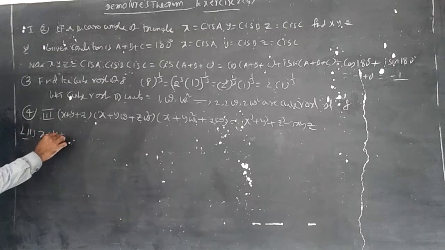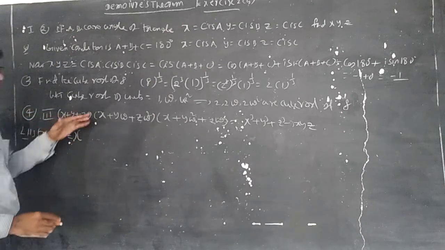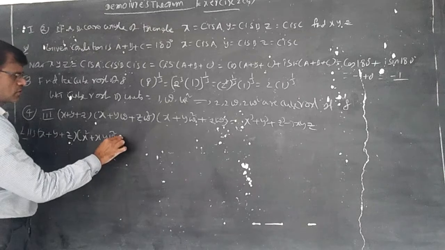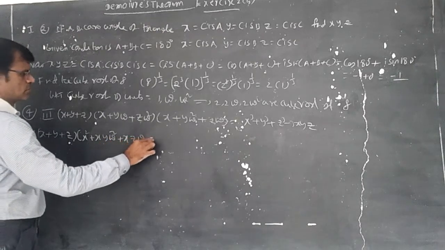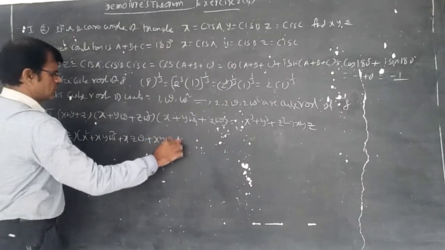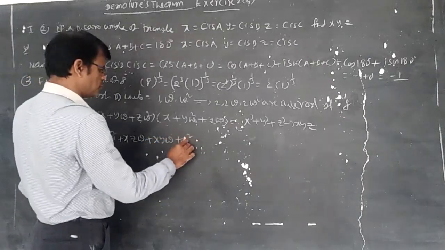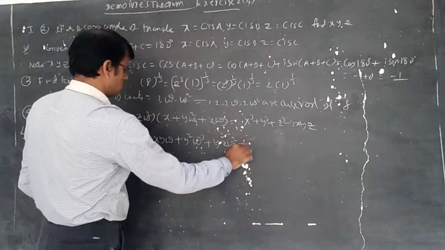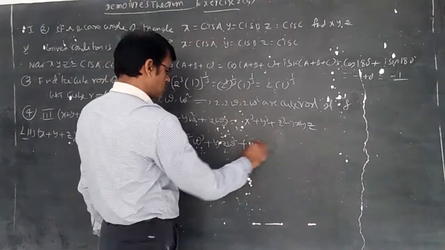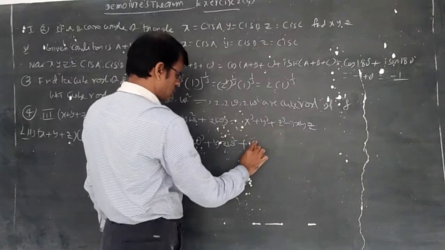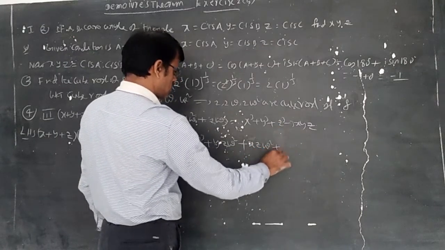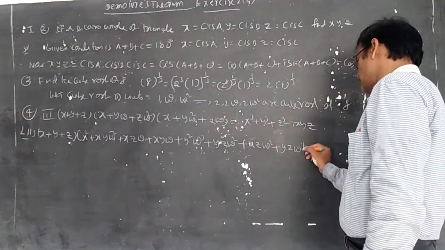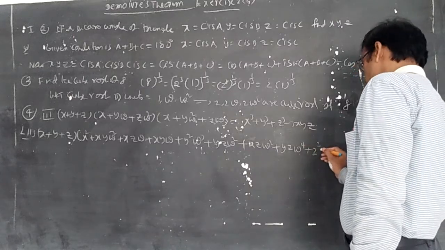x plus y plus z multiplied by x square plus xy omega square plus xz omega plus xy omega plus y square omega cube plus yz omega square plus xz omega square plus yz omega power 4 plus z square omega cube.